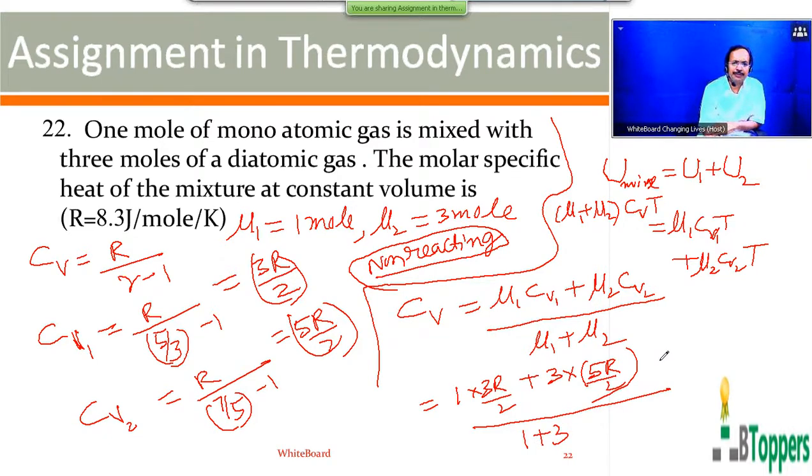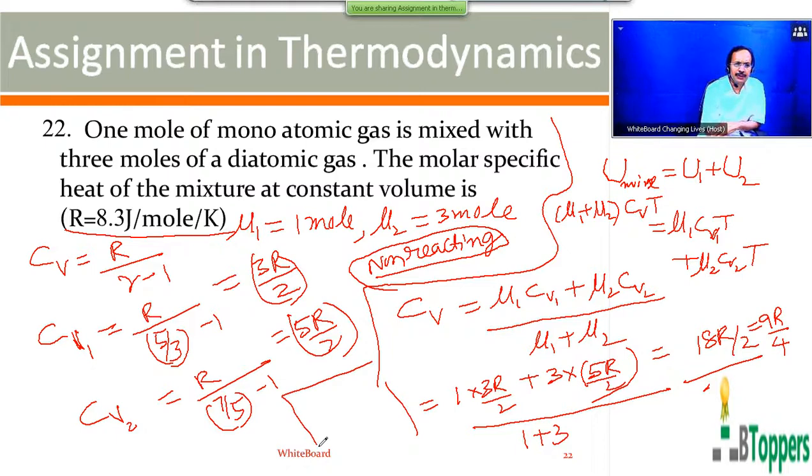Nu1 plus nu2 is 1 plus 3. So this you have to simplify here. So you get 9R by 4. Now substitute the value of R and simplify it yourself. Those who want to copy the solution of the problem, please take a pause and copy the solution of the problem.